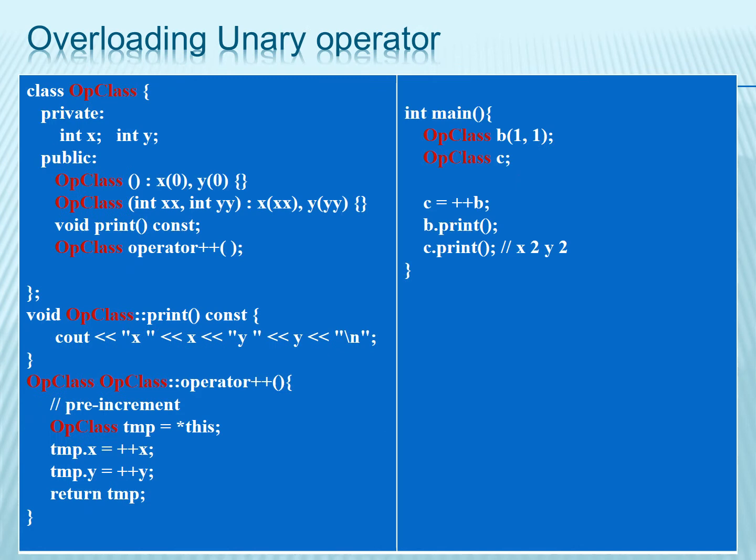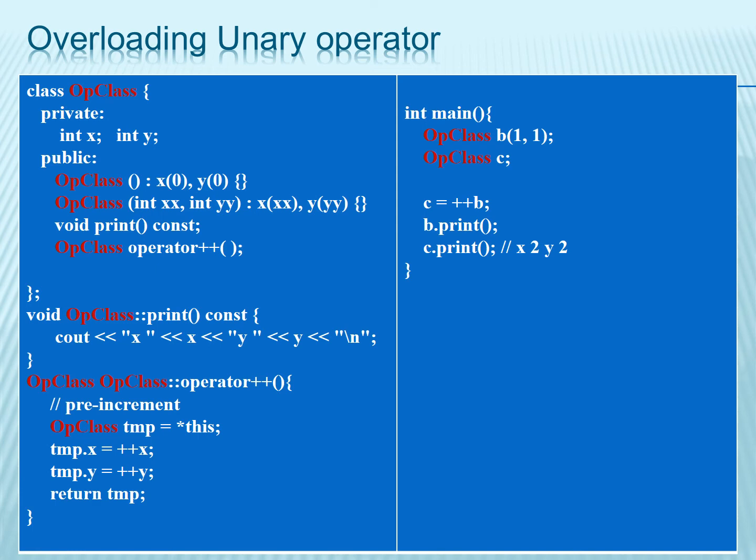Here is an example of overloading the plus plus unary operator. The unary operator plus plus is overloaded to increment the value of x by 1 as well as the value of y by 1, where x and y are member variables of the OP class.